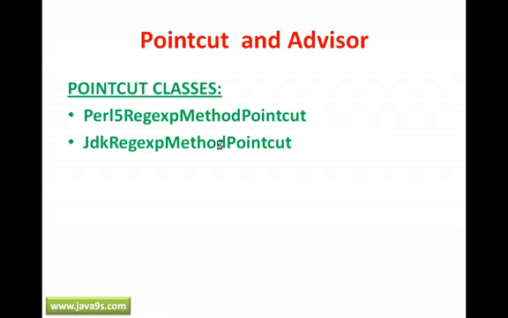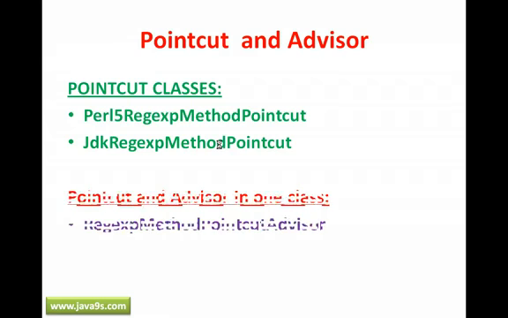Now instead of having a separate pointcut, which takes the pattern of the methods at which the advice needs to be applied, and a separate advisor, we can have both as one class, where the regex method pointcut advisor works as both. That means it understands who is the advisor and what are the patterns of the pointcut. So it works in both ways. So we will be using the regex method pointcut advisor.